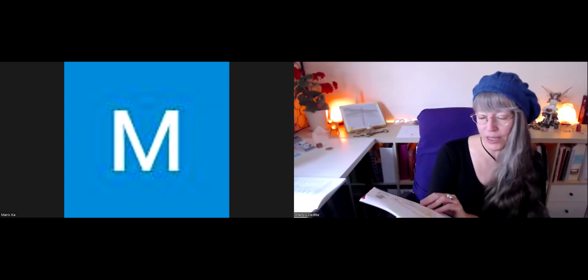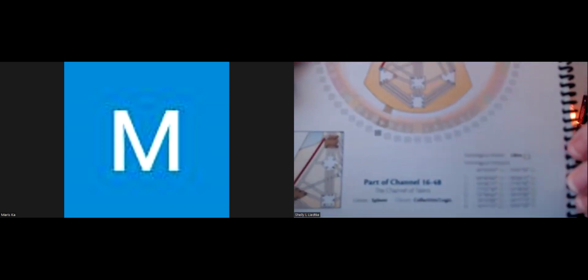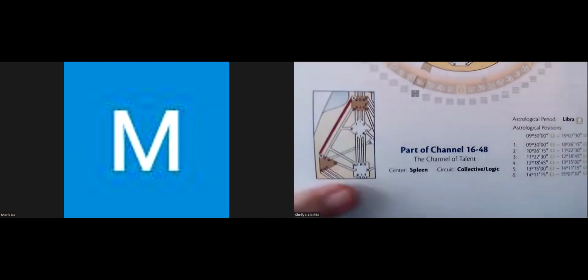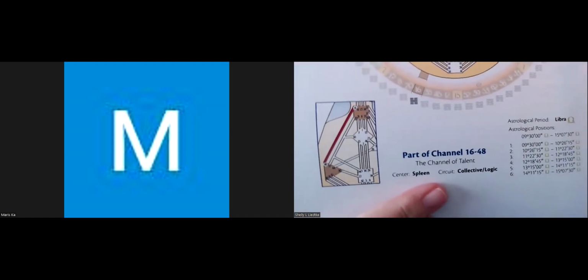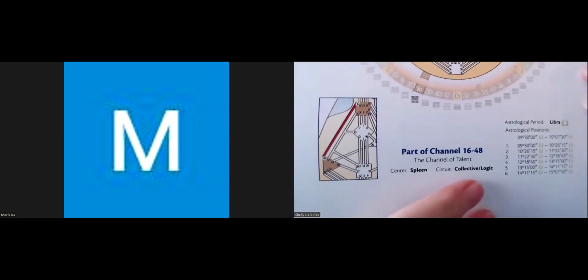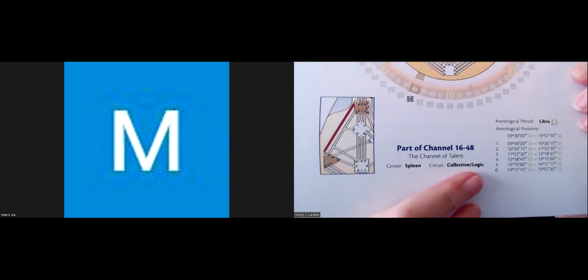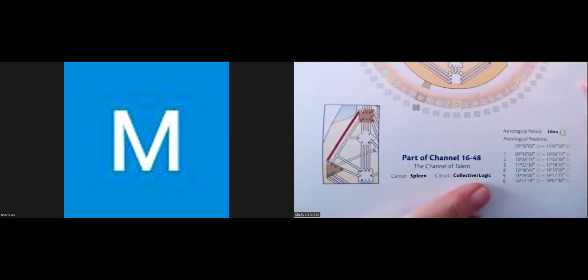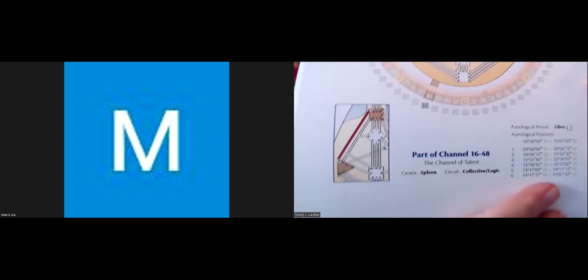Okay, so the gate 48 in Shaitan's book here, you can see the channel. He's got the image of the channel colored in here. It's the 1648 channel, the channel of talent. Again, it's in the collective logic circuit, so it's all about mastery, long term, being proven over time.